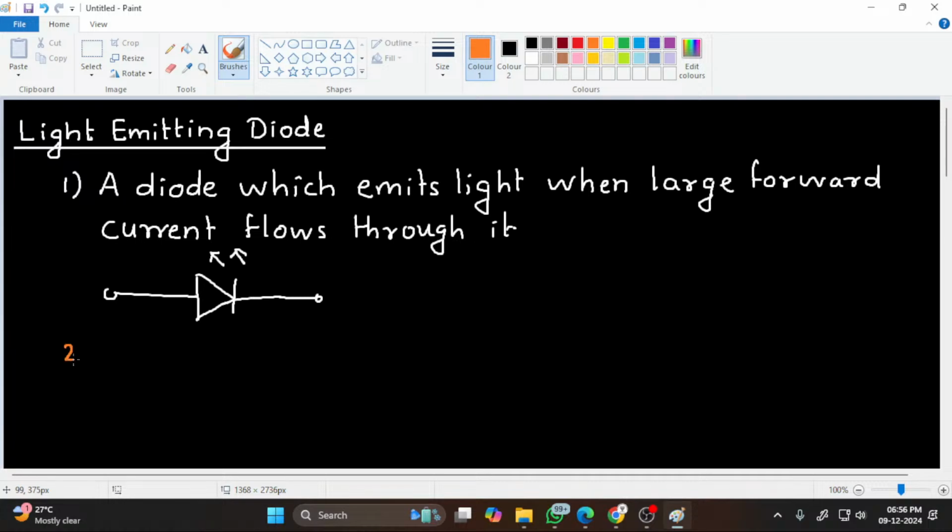So this is a PN junction diode in which the N region is heavily doped than the P region.